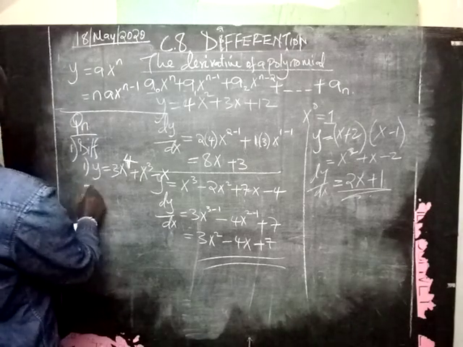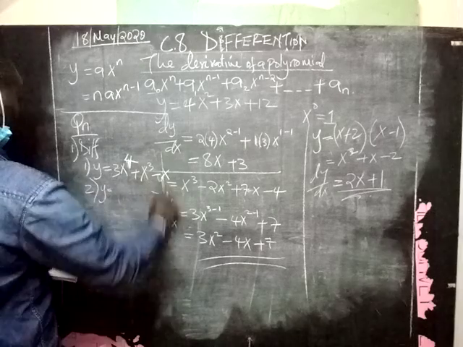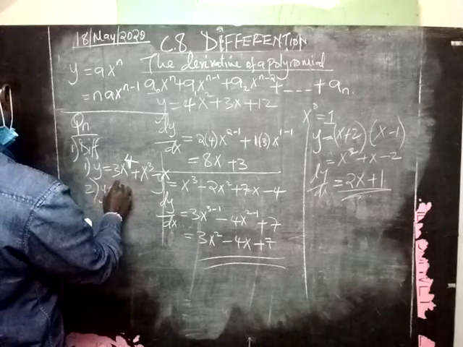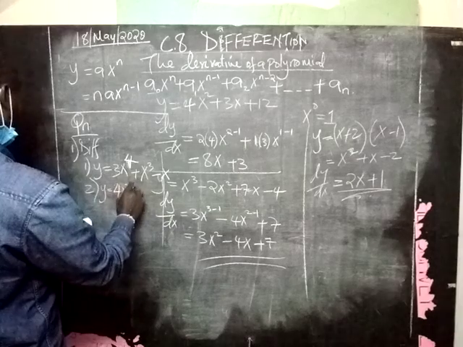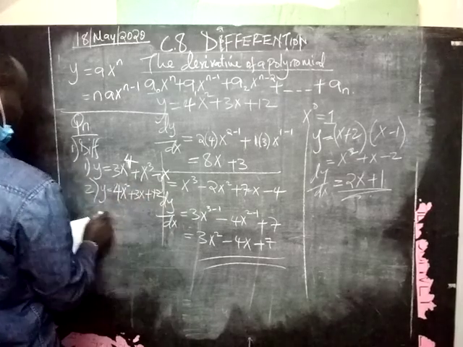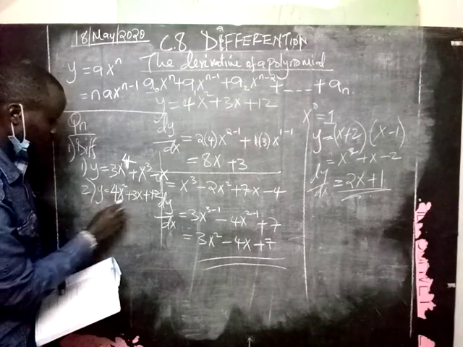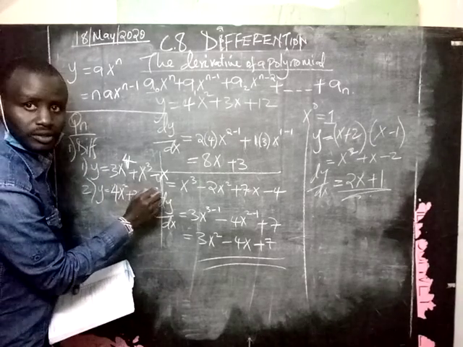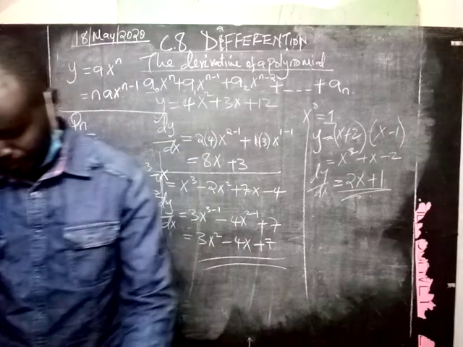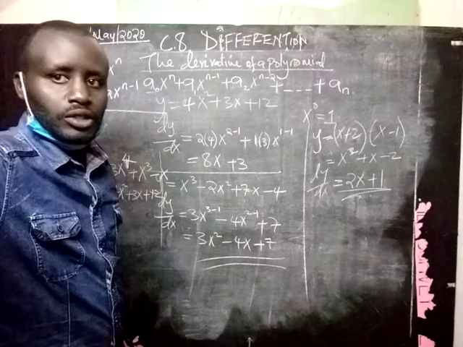We also have another one where y equals 4x raised to 2 plus 3x plus 12. So, y equals 4x squared plus 3x plus 12. Can you differentiate that one with respect to x? Then we are going to continue from that point.